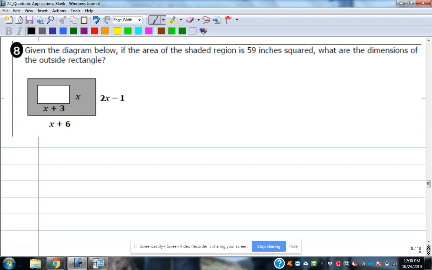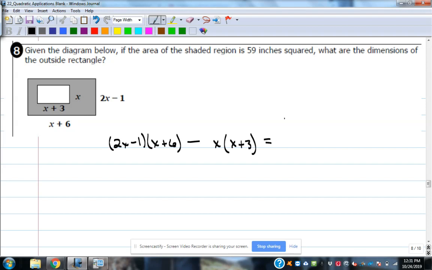Because that would be the area of the non-shaded region. What's the length of the non-shaded region? It's a little harder to see on your handout because it's a 3. So what Aiden is saying is take the area of the big rectangle, like Eli said, so 2x minus 1 times x plus 6, and then subtract away the area of the white rectangle, which would be x times x plus 3.